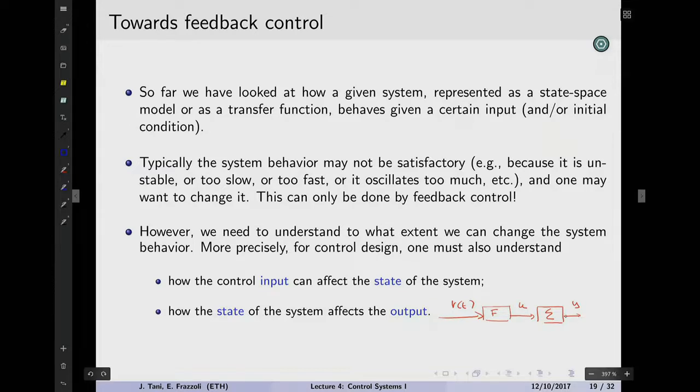In feedback, we actually measure the output and feed it back, in the sense we go and do some operation of comparison with the reference signal that represents where I would like to be, where this represents where I actually am. And the difference, we can call it an error signal. And we feed the error signal directly back to the plant with optionally some operation in the middle. That's what we call a controller.